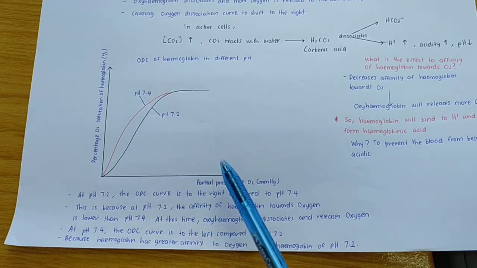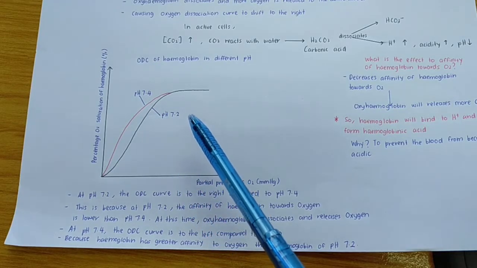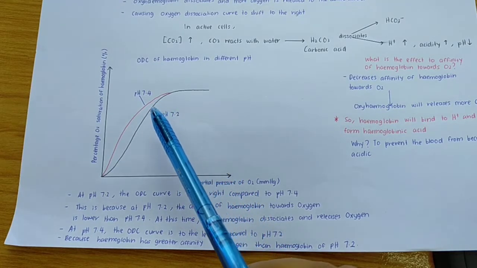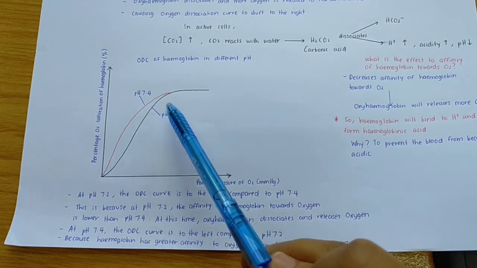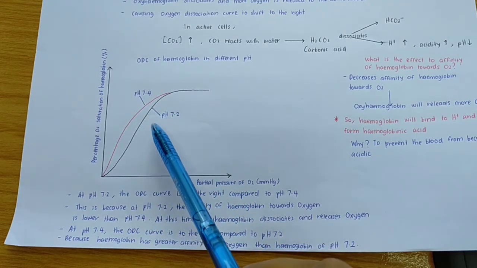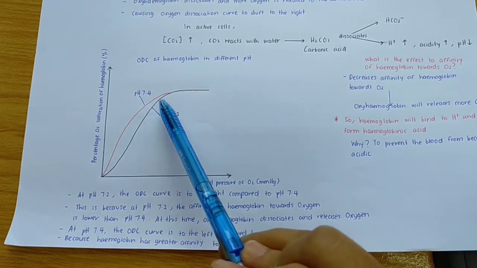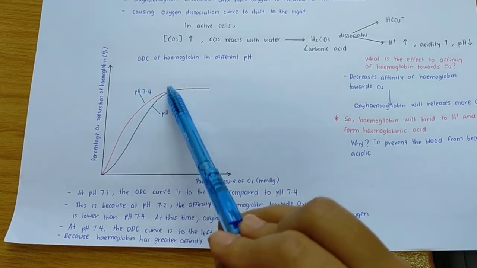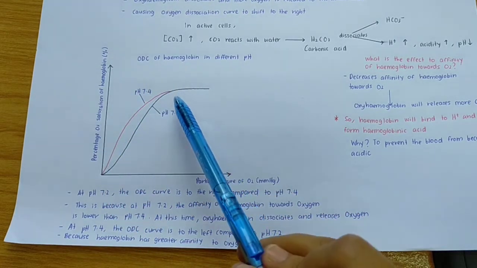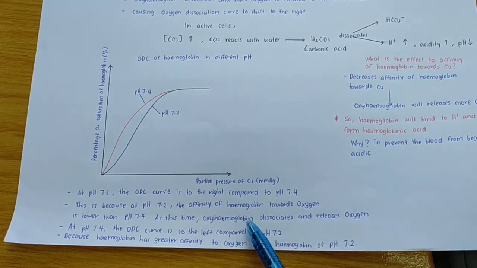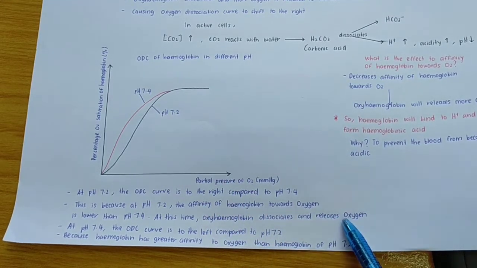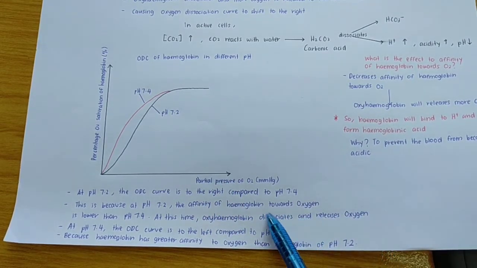So yang ini maksudnya kita bezakan dari segi affinity of hemoglobin towards oxygen. Since the curve is shifted to the right, it means that the affinity of hemoglobin towards oxygen is lower compared to pH 7.4. So what happens at this time? Oxyhemoglobin dissociates and releases oxygen. Okay, so dia mesti kena relate lah.